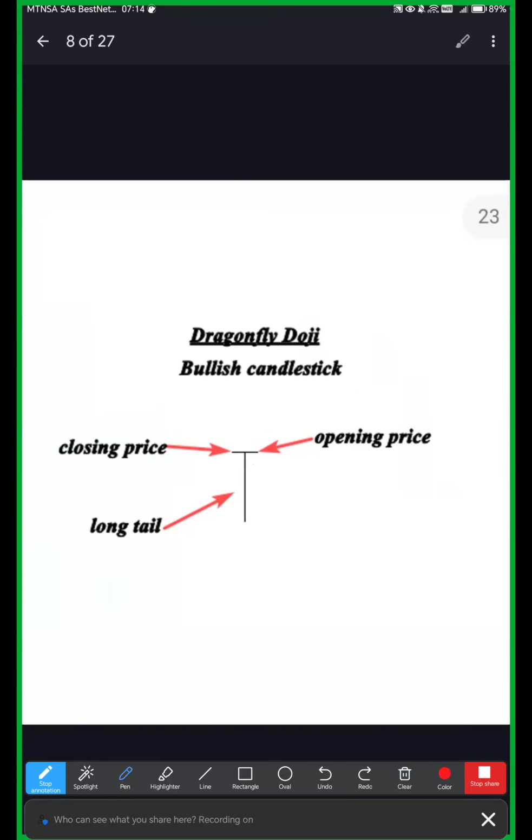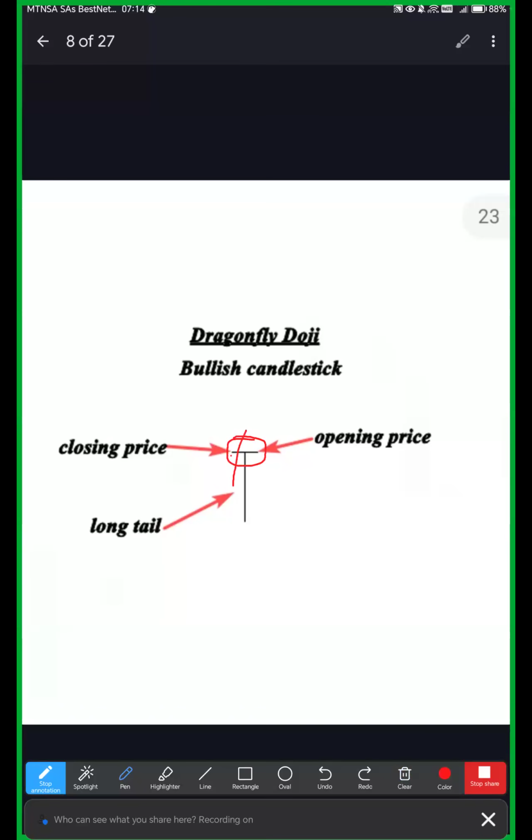What do I mean? When you look at this slide here, you will see where the price opened. Can you see the opening and the closing of the price? They are at the same.